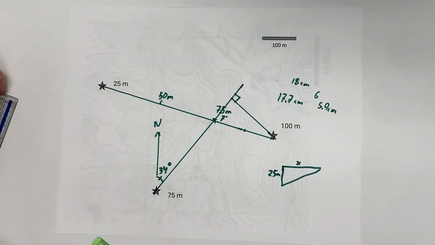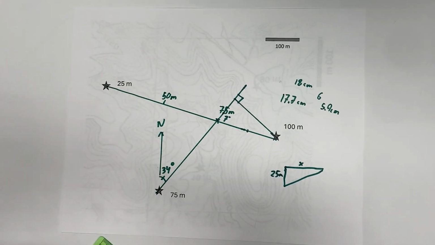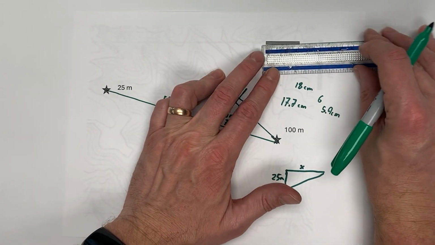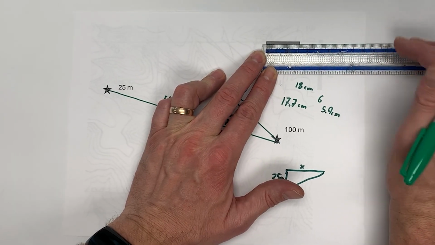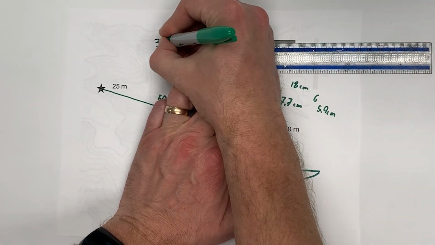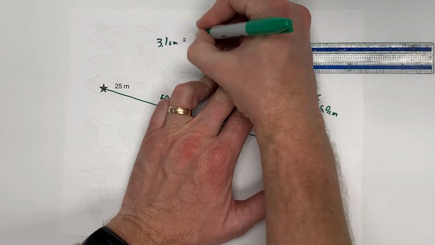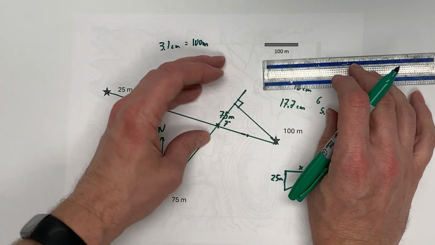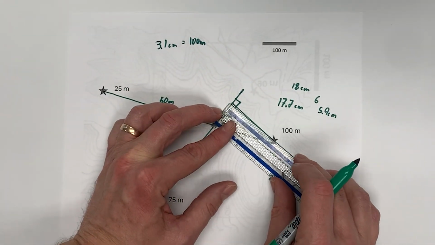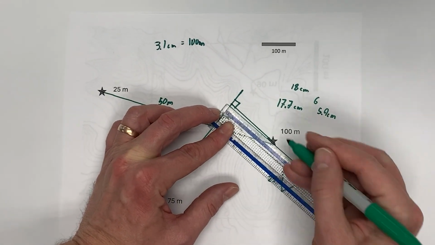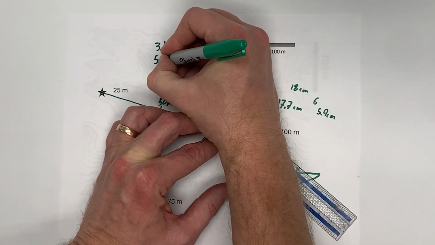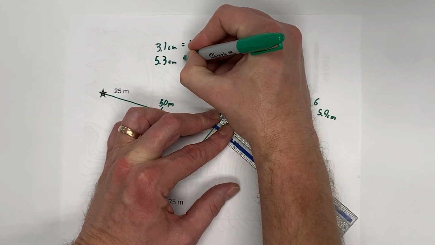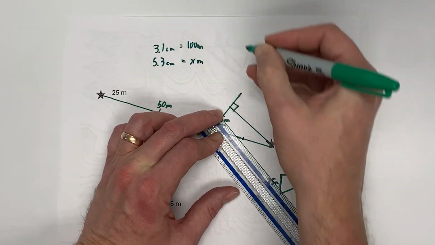So for this, we need to use our scale, and 3.1 centimeters is equal to 100 meters. And then we can measure off of here, 5.3 centimeters is equal to X meters.